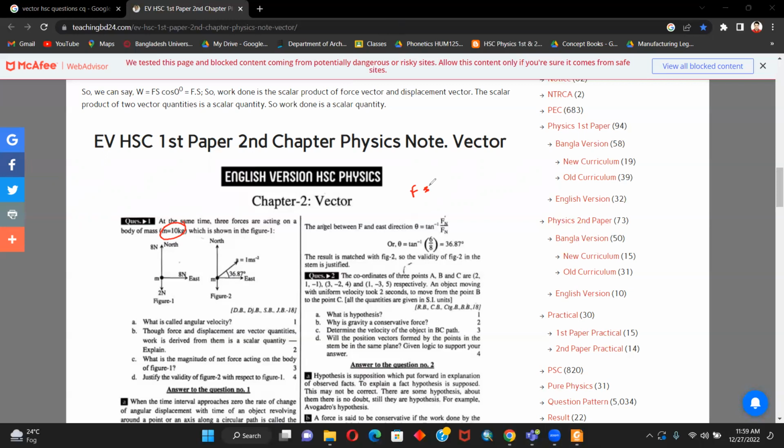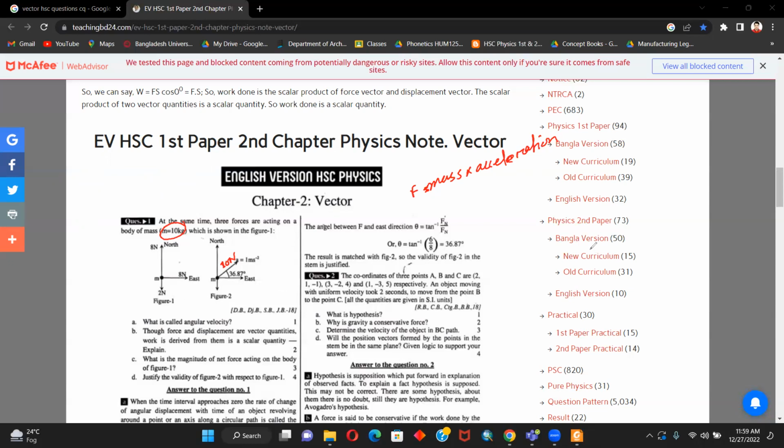Mass times acceleration. Exactly. Mass times acceleration. So we have got the mass, which is 10 kgs, and the acceleration, that is 1 meters per second squared. That means we will get 10 Newton in this direction. Is it correct? Yes.